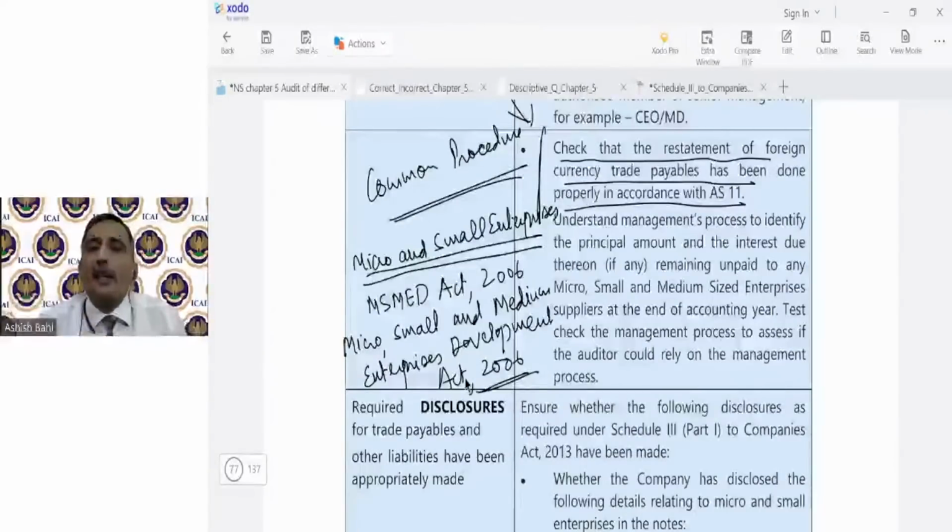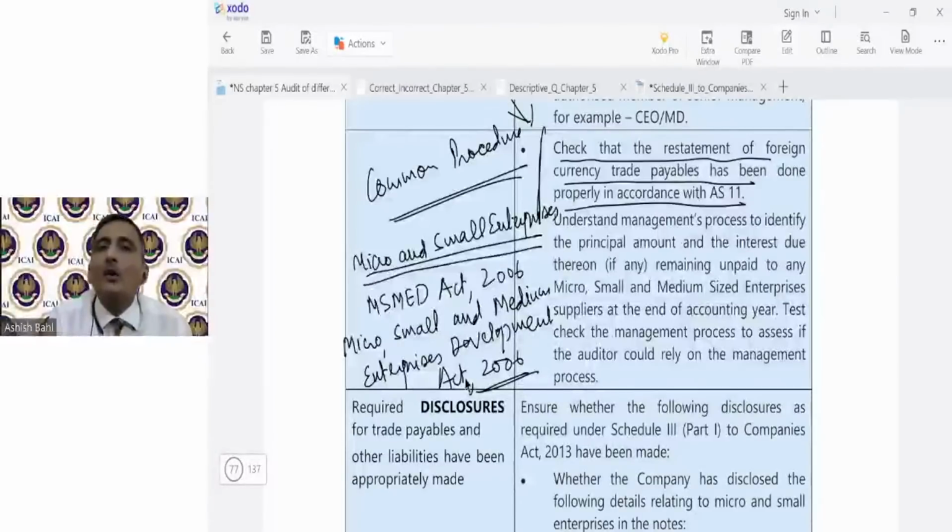So the Schedule 3 of Companies Act casts a duty upon the management, upon the company, to disclose separately dues relating to micro and small enterprises and dues relating to creditors other than micro and small enterprises. So the whole trade payable figure has to be broken into two.